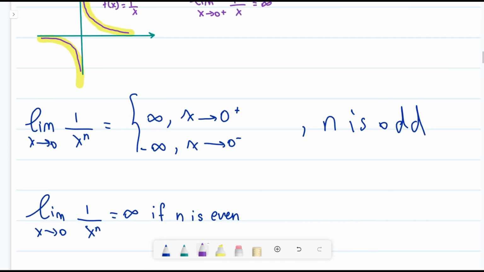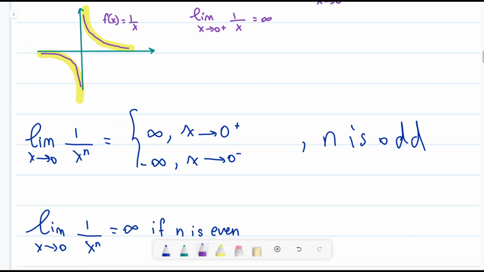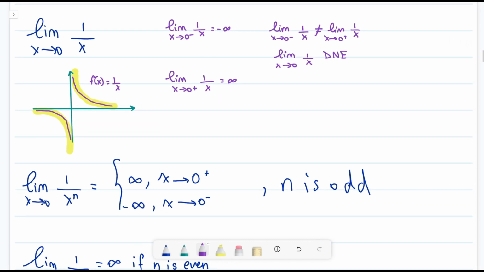And there is a general rule. The limit of 1 over x to the power of n as x approaches 0 has two cases. If n is odd, it's equal to infinity if we're approaching 0 from the right, and it's equal to negative infinity as we're approaching 0 from the left. We can look at this example.